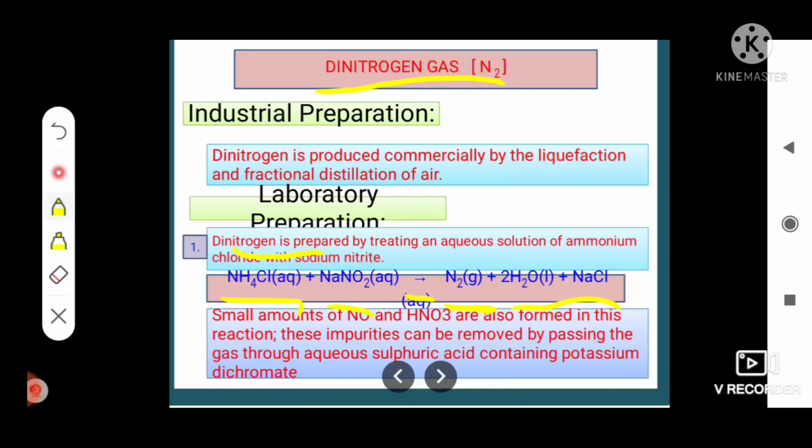These impurities can be removed by passing the gas through aqueous sulfuric acid containing potassium dichromate.